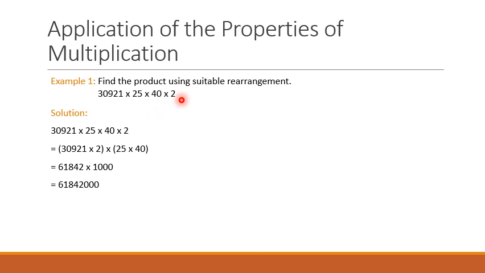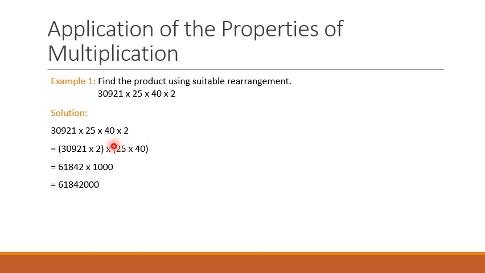Here we are going to use the associative property of multiplication, which says that grouping of two or more numbers doesn't change the product. So here we will multiply in such a way that the multiplication becomes easy.